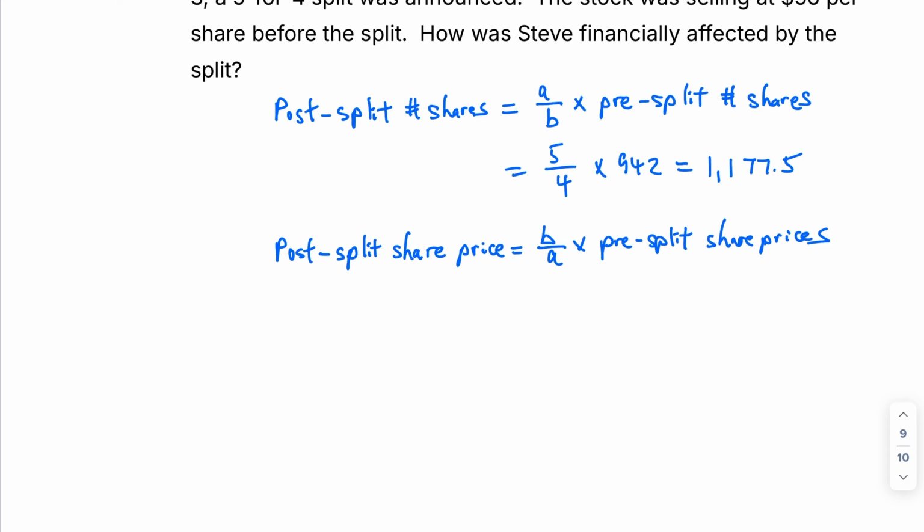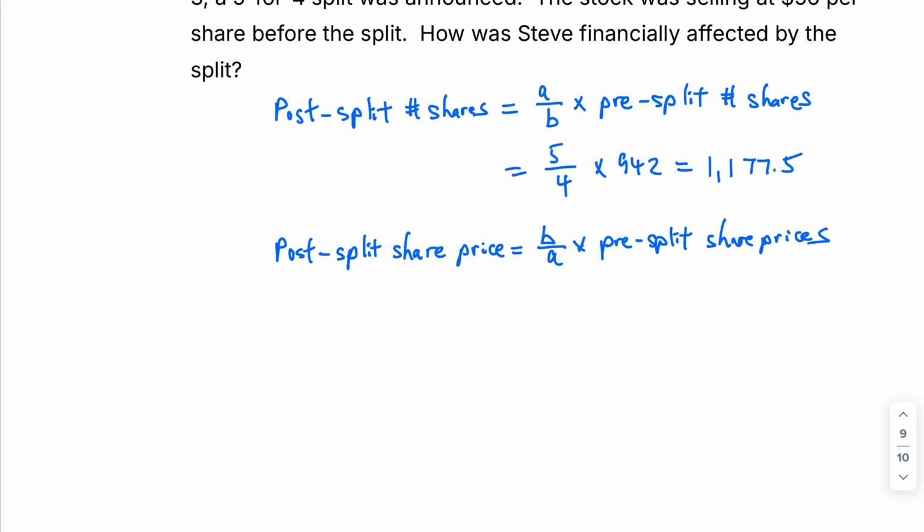Okay, now both of these equations, the post-split number of shares and the post-split share price, you can use for the previous examples that we worked on. Okay, I didn't feel that it was necessary, but because this is an odd type of split, this now needs to come into play. Otherwise, it'll be difficult to understand.